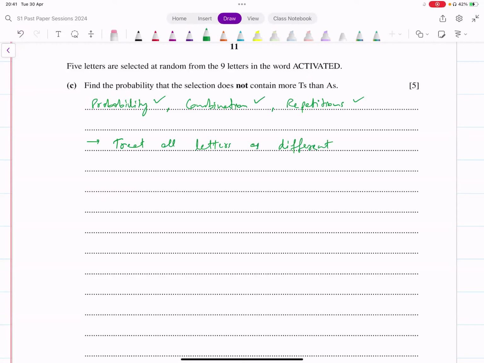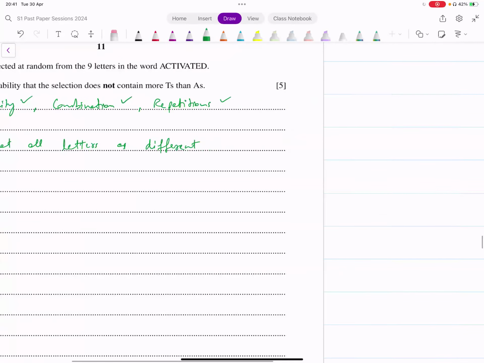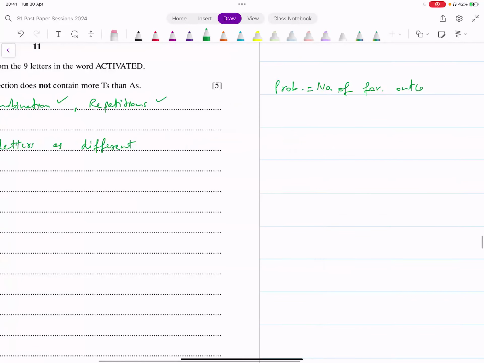You would not consider the A's identical and the T's identical, because, as we've talked about in detail earlier, it basically skews the probabilities. The formula for probability, where you do number of favorable outcomes divided by the total number of outcomes, only works when each outcome has the same probability.